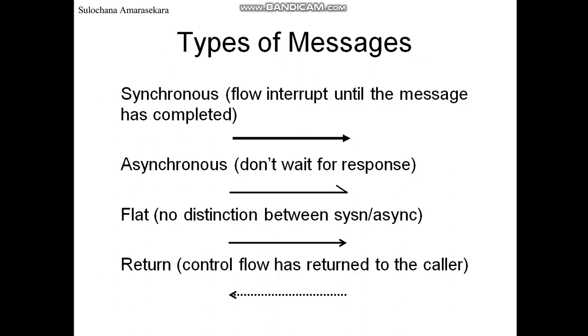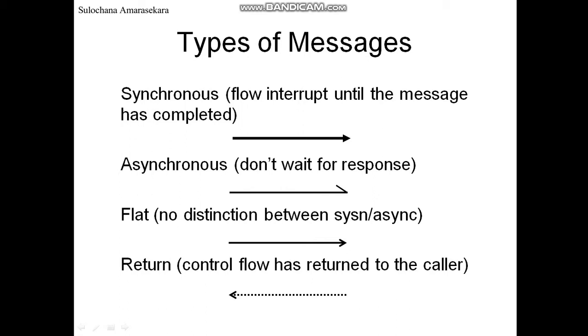Now communication. Under communication we need to consider messages. There are four types of message. First, synchronized message. The overall task is interrupted until this message gets a response. Second, asynchronous message. Under this message type, the working flow is not interrupted and it just sends the message.